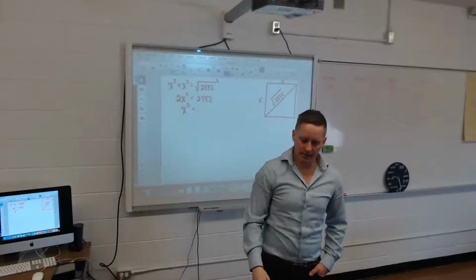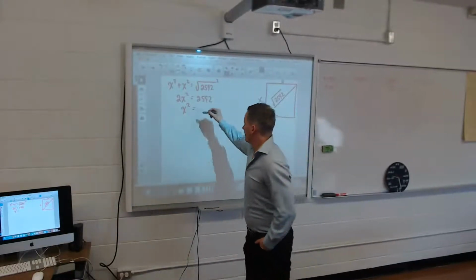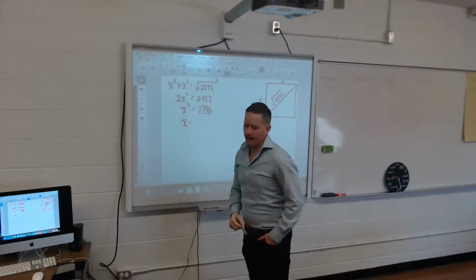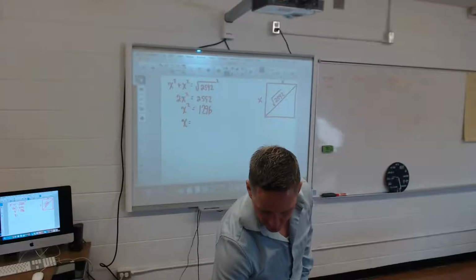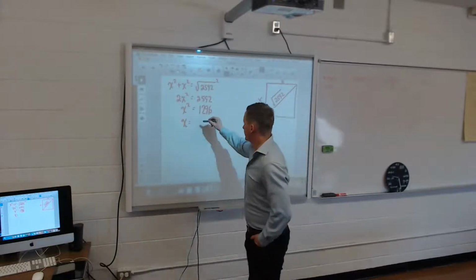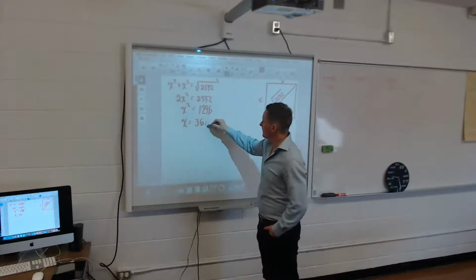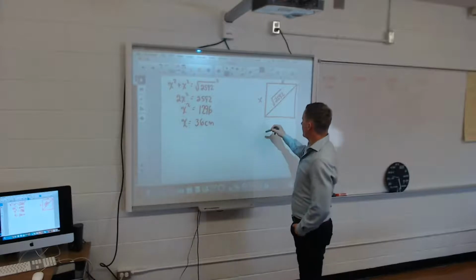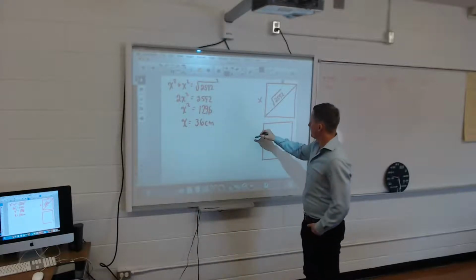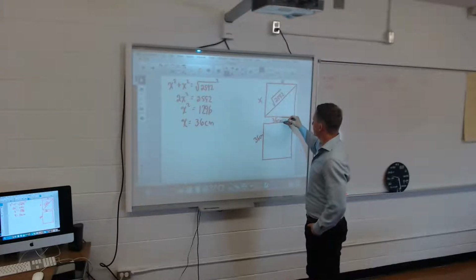x squared is equal to 1296. x is equal to 36. Okay, so that's 36 centimeters. So then the area of this board is 36 centimeters by 36 centimeters.